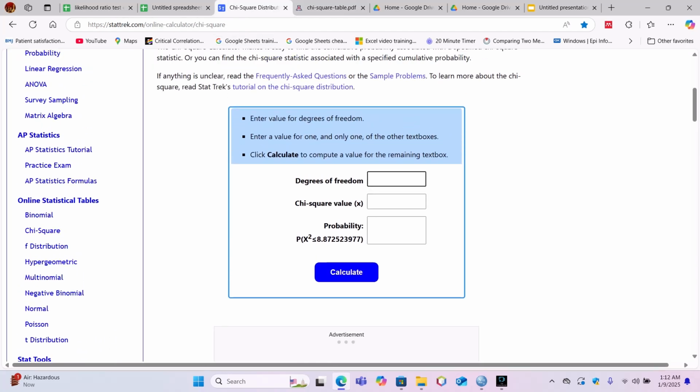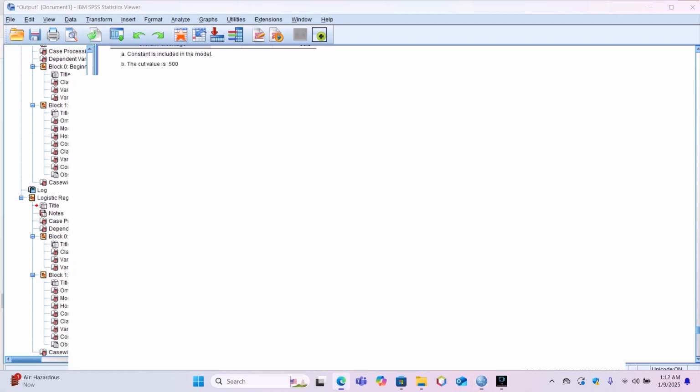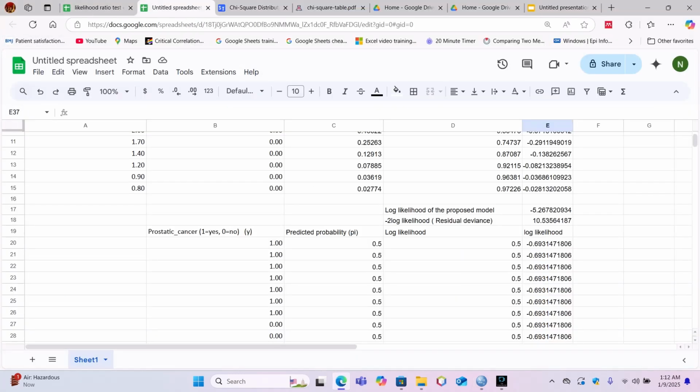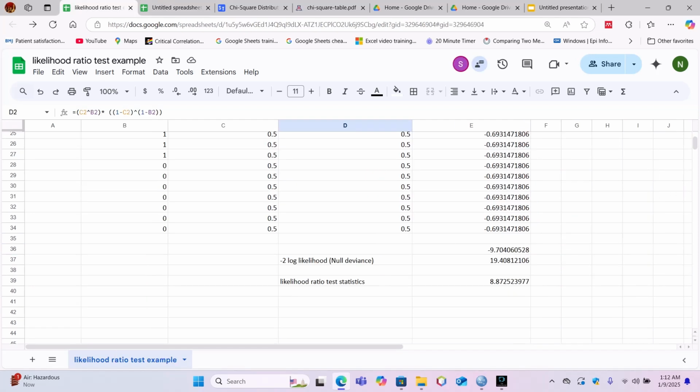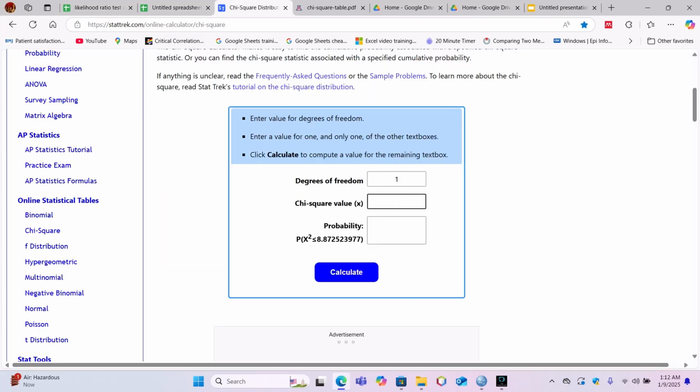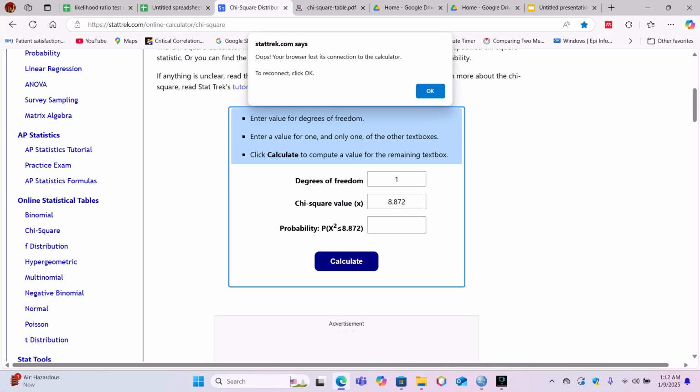We have a degree of freedom 1, and our chi-square value was 8.872. So we'll use that value to look for the significance.